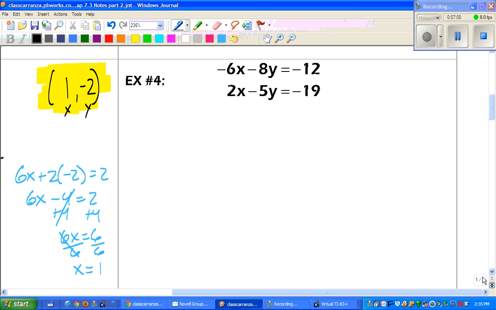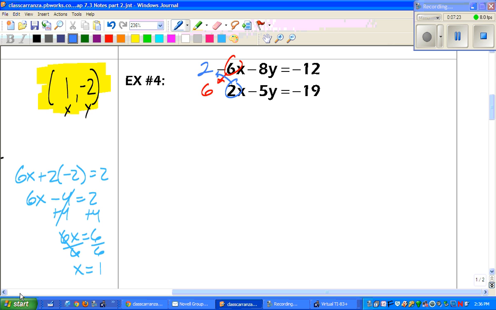All right, number 4. Bring the 6 down. Bring the 2 up. Go ahead and distribute. Actually, why don't you guys go ahead and see if you can finish the entire problem.